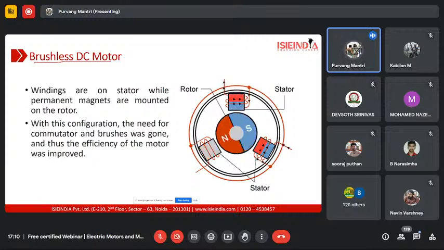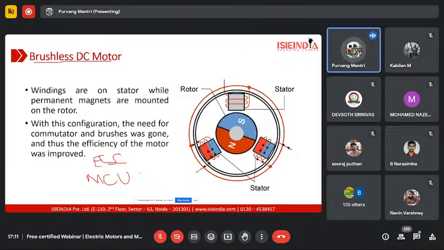And to switch on the windings of the stator, we use something that electrical and electronics engineers know as an ESC, electronic speed controller. But in our case, being automobile engineers, we call it MCU, motor control unit, or motor controller in short. The motor controller is nothing but an inverter and rectifier together.